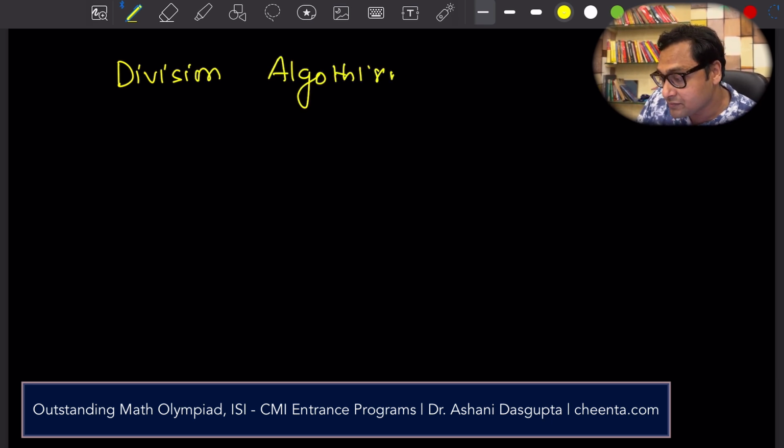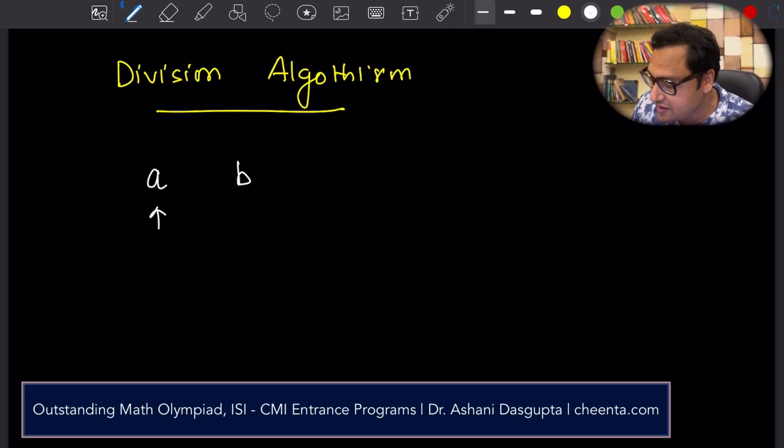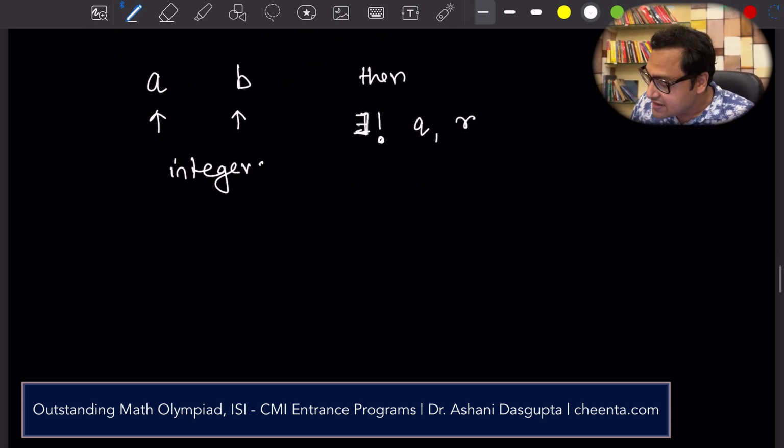It is a theorem in elementary number theory that if a is an integer and b is an integer, then there exist unique integers q and r, where the exclamation mark means unique, such that a is equal to bq plus r.